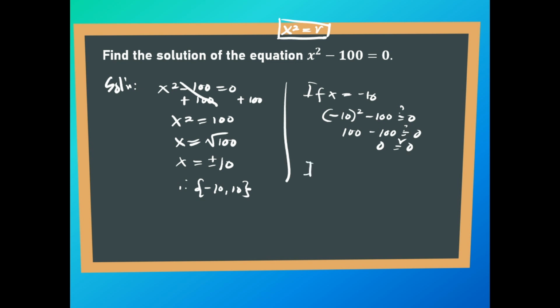So, if naman yung x natin is positive 10, so magiging 10 squared minus 100 equals 0. So, magiging 100 minus 100, is it equal to 0? So, 0 is equal to 0. So, ibig sabihin, tama yung answer natin na negative 10 tsaka positive 10.